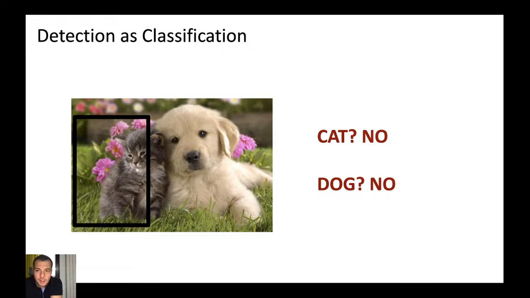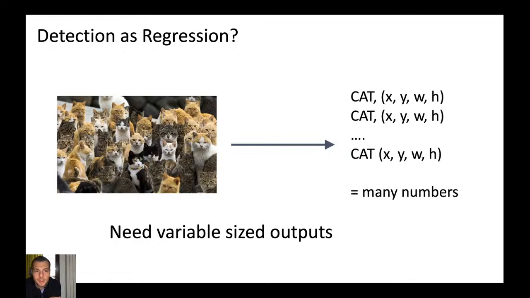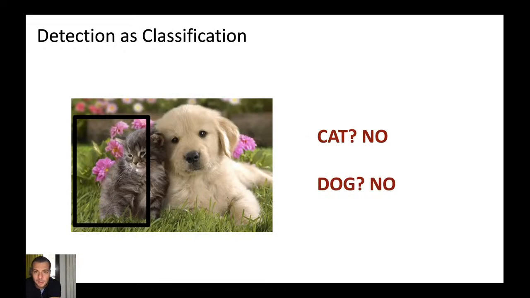So maybe detection as regression is not really the way to do it. The alternative approach refers to the canonical supervised learning problems, regression and classification. So we have to approach the task as one or the other.